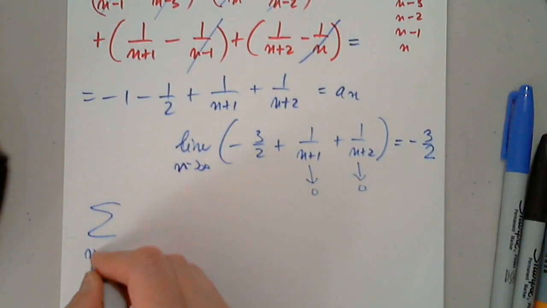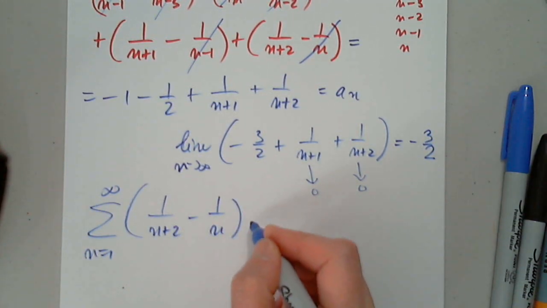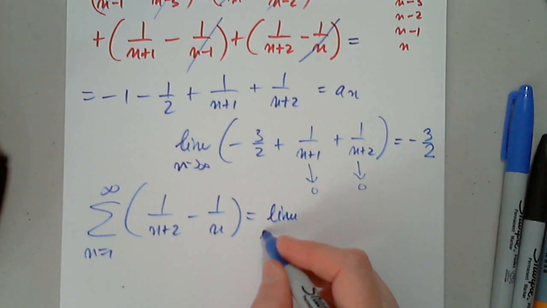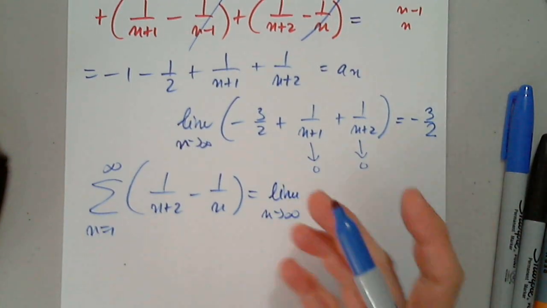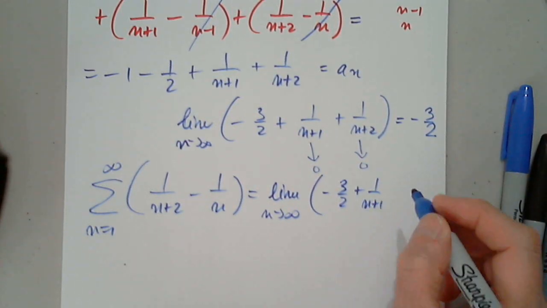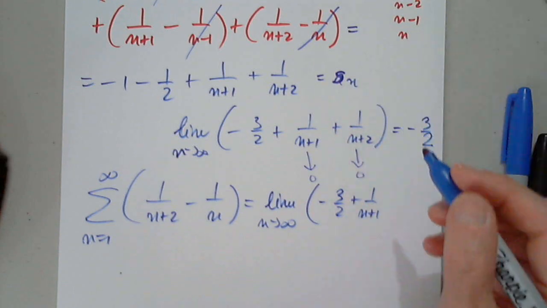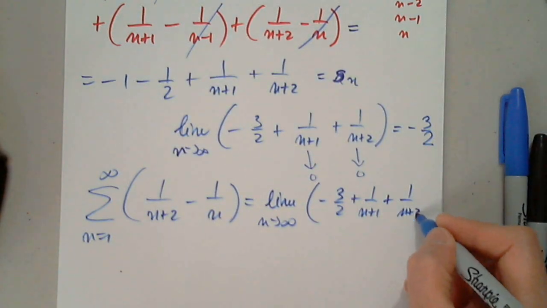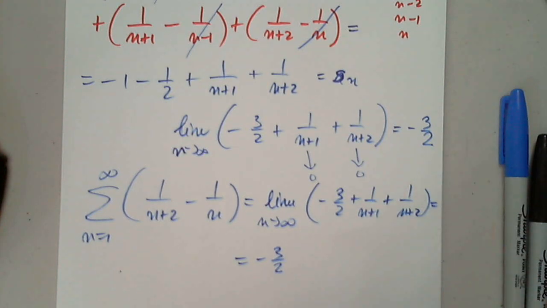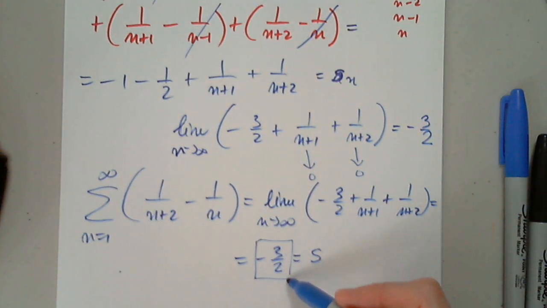The sum from n equals 1 through infinity of 1 over n plus 2 minus 1 over n is the limit as n approaches infinity of negative 3/2 plus 1 over n plus 1 plus 1 over n plus 2, which is negative 3/2, and this is the sum. Okay, so our conclusion is that the infinite series is convergent and its sum is negative 3/2.